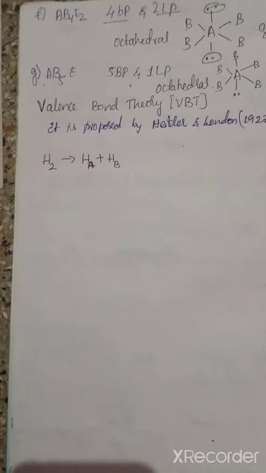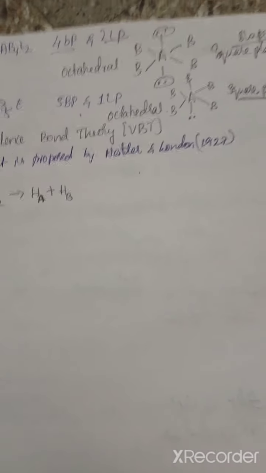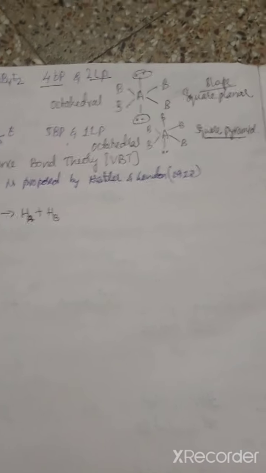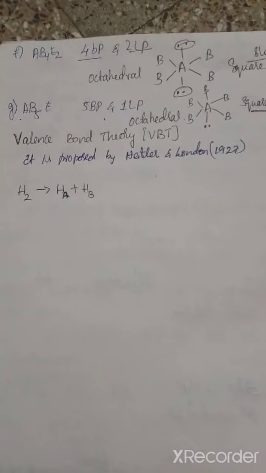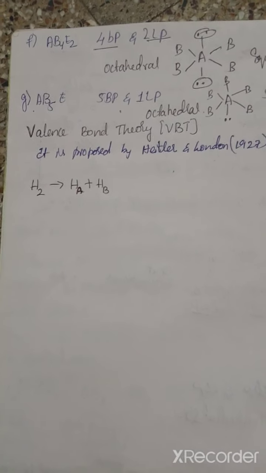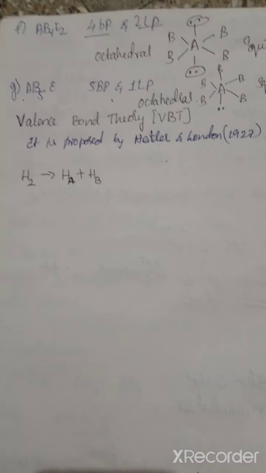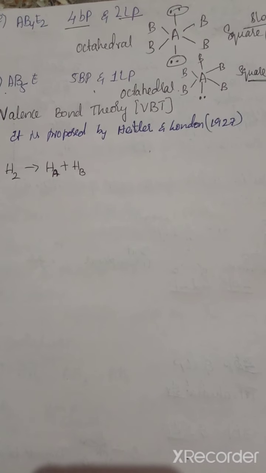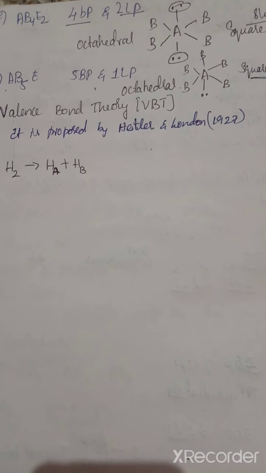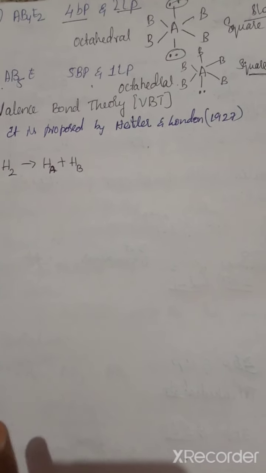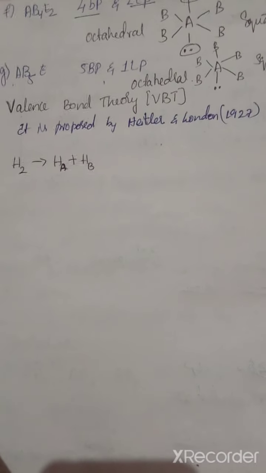Why did they develop the valency bond theory? This is the first thing we should discuss. Because there are limitations to the Lewis dot structure and the VSEPR theory. Any Lewis approaches have limitations.